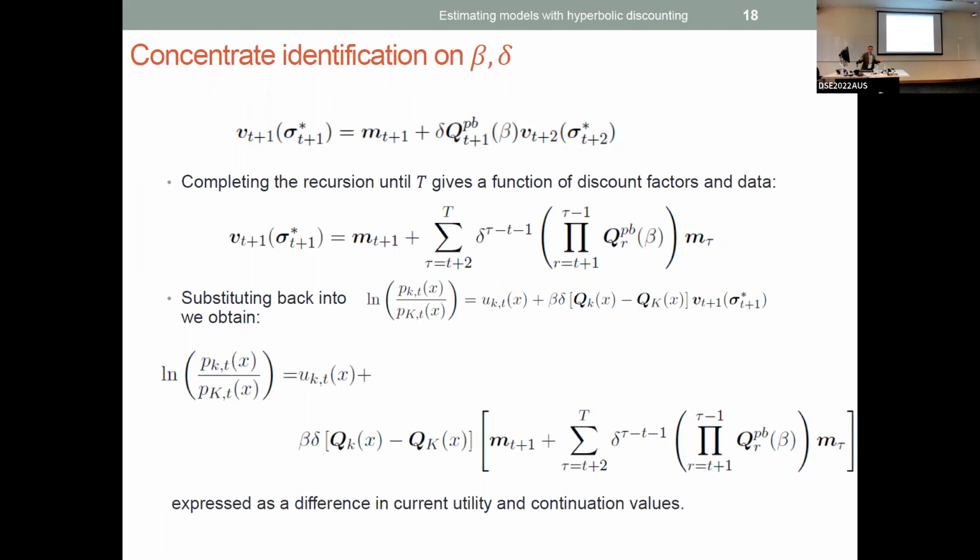We can do the forward iteration, forward substitution. We get V_{t+1} to be equal to M_{t+1} plus a geometric sum consisting of the discount factor, delta, and some functions of the present bias factor, beta. This is also obtained from the data.